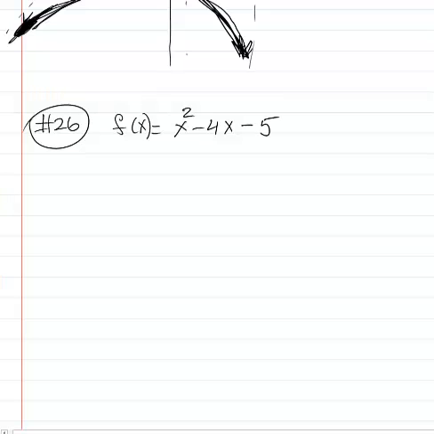Let's find the vertex and the intercepts. To find the vertex we do negative b over 2a. So that would be minus negative 4 divided by 2 times 1. So that gives us 2.